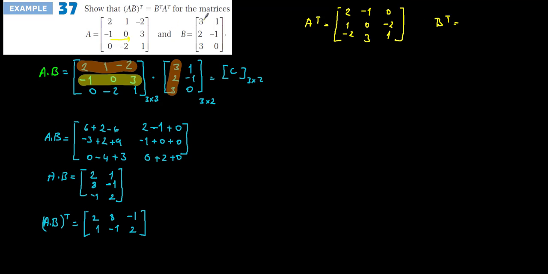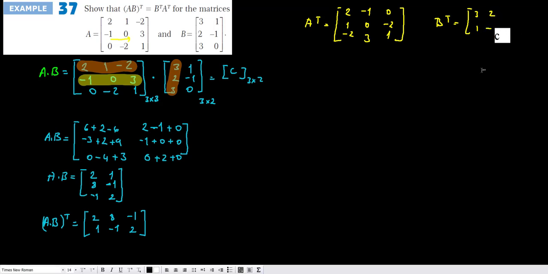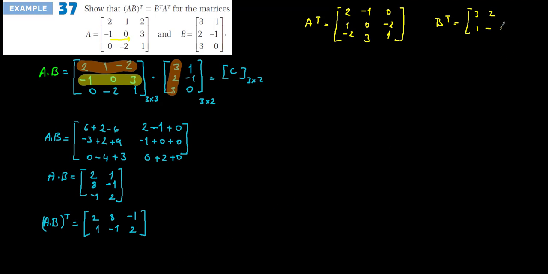It's going to be equal to, here, 3, 1, 3, 1, 2, and minus 1. And 2, minus 1, and 3, 0, it has to be. Then B transpose times A transpose, we need to find what it is.